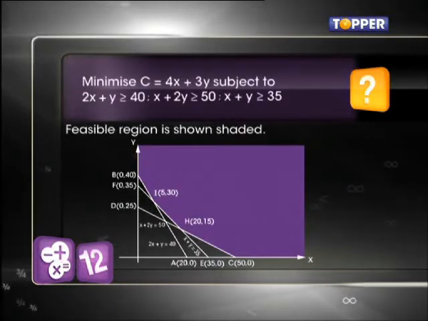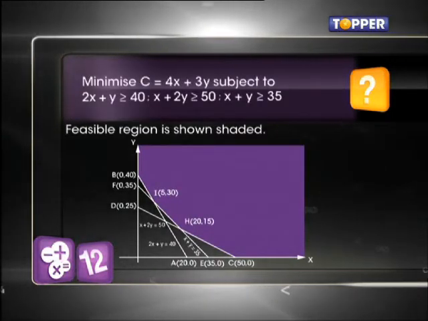Using these constraints, we can find out the feasible region which is shown shaded.